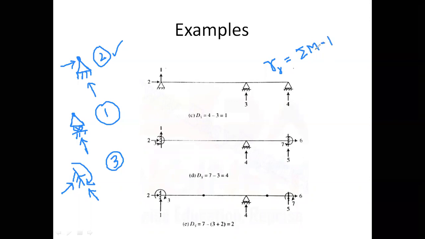So capital M is the number of members connected with the hinge. Please understand, capital M is the number of members connected with the hinge.